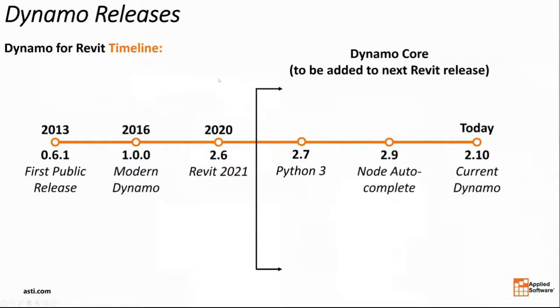First of all, let's just talk really quickly about the Dynamo timeline for releases. 2013, it's actually going on technically 8 years old, if not a little older than that. But it was first conceived as a public release in 2013. Now, we don't really count those years.